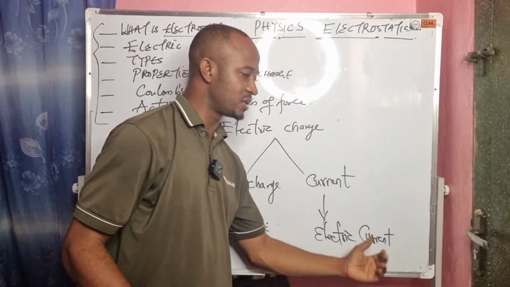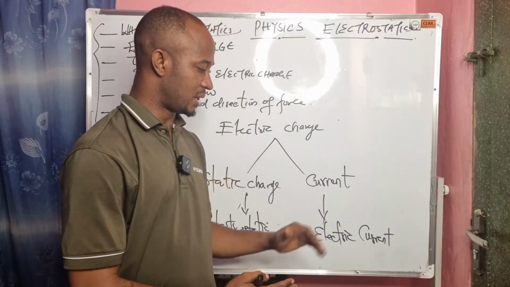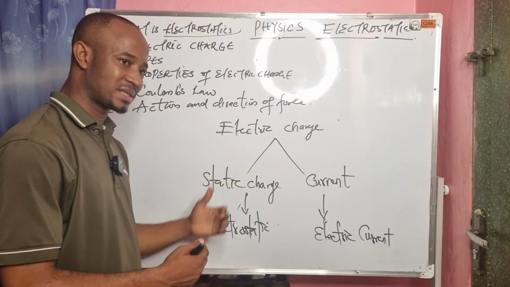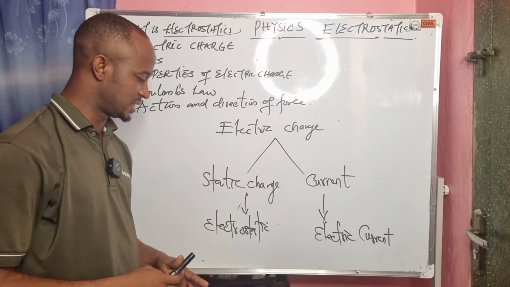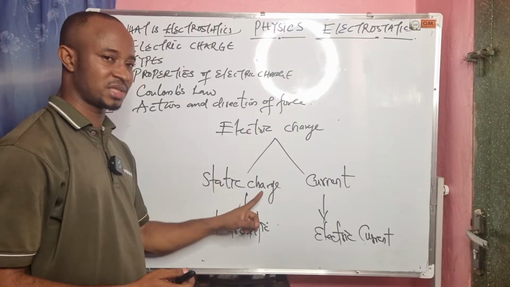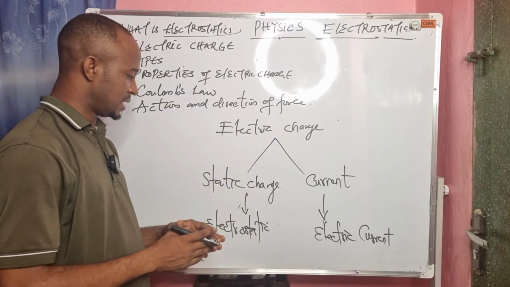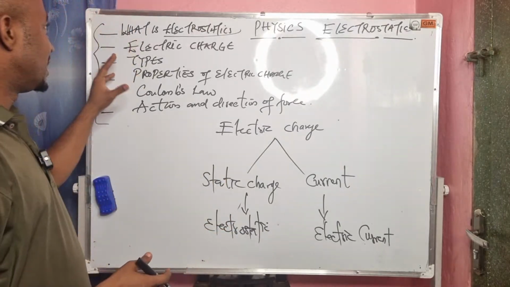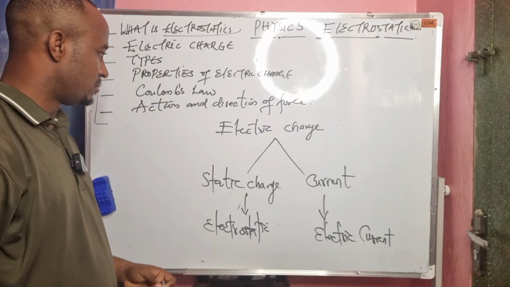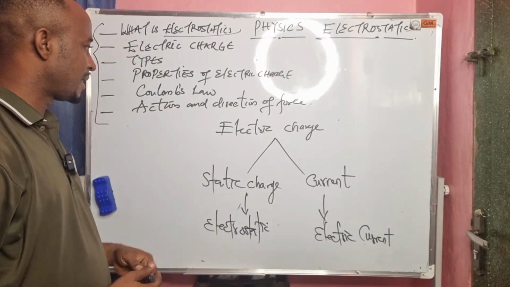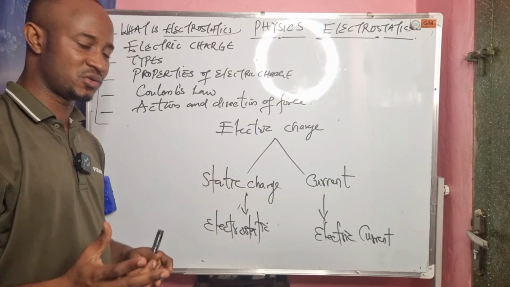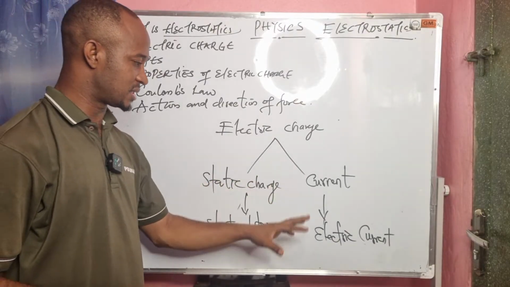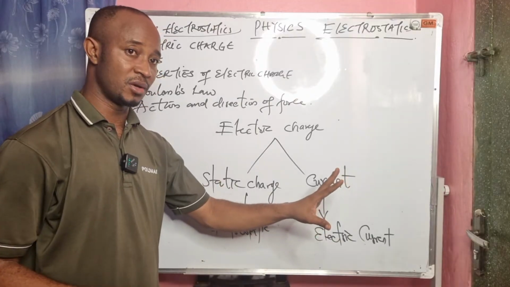The word current means flowing. It means movement. So when you hear the word electrostatics, it talks about a branch of physics that studies charges at rest. But you must understand that electric charge can be classified into two: static charge and electric currents.